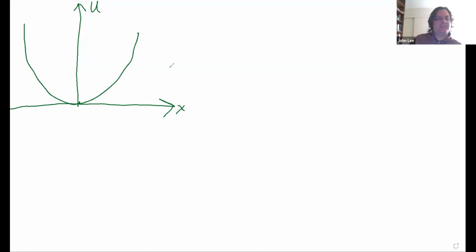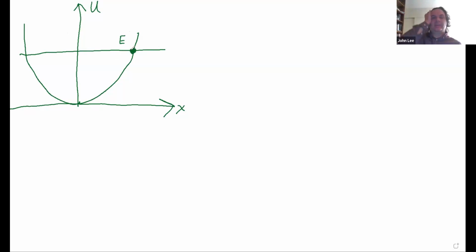So if this is the case, then we have some constant E, and we're going to find that the particle can never cross this E line.